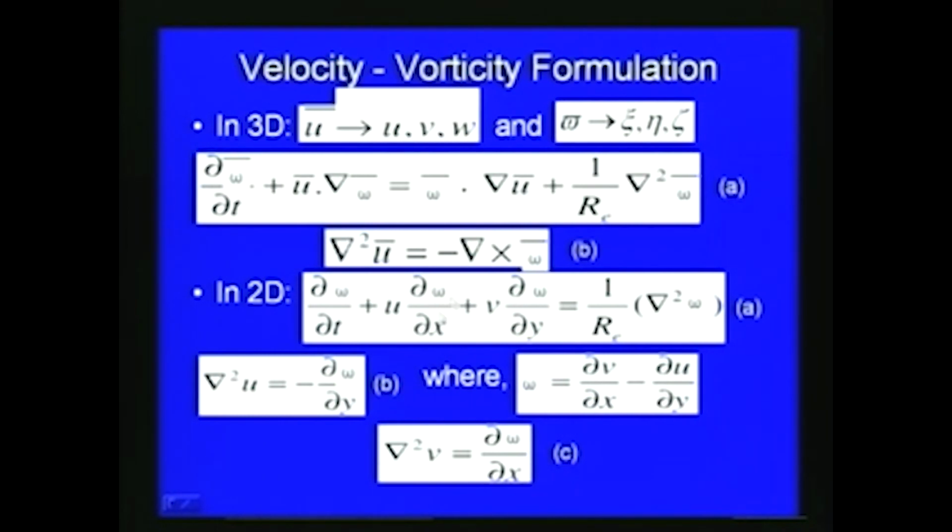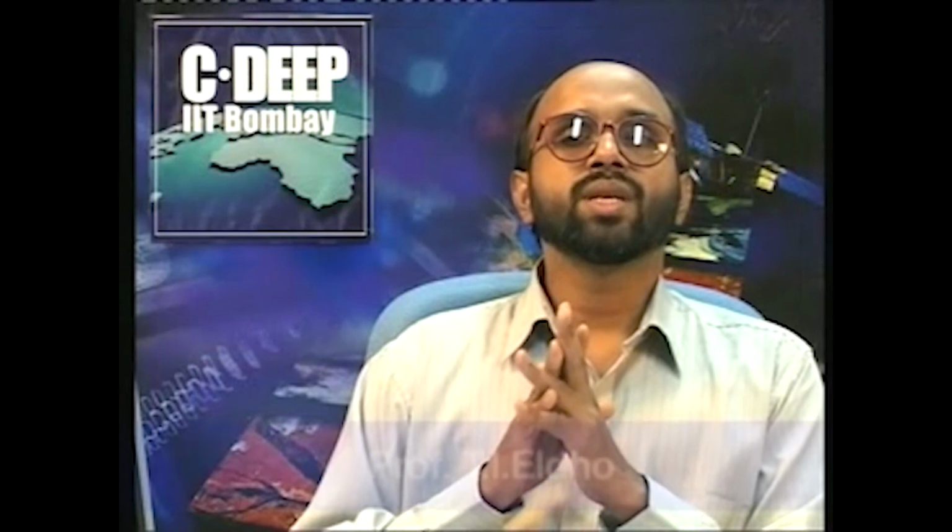So, these equations give the velocity vorticity formulation for the Navier-Stokes equations in 3 dimensions and 2 dimensions. Here we have some advantages, like now the pressure is not directly appearing. The equations are in terms of velocity and vorticity.